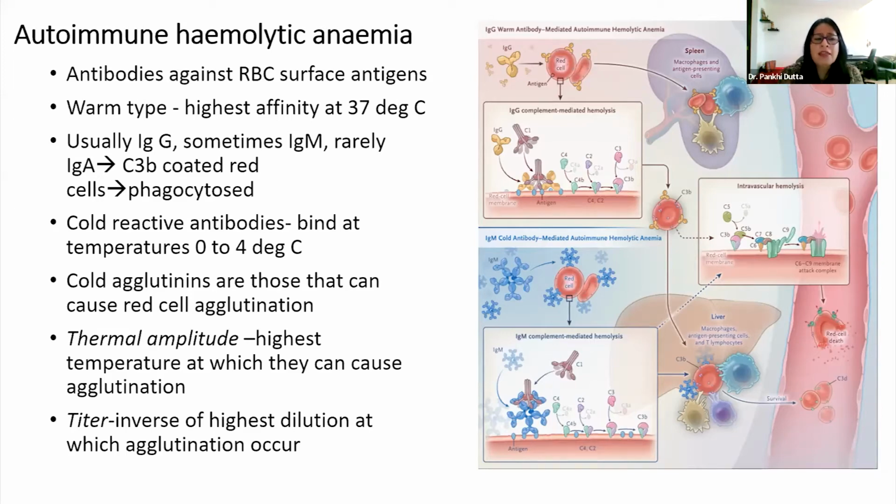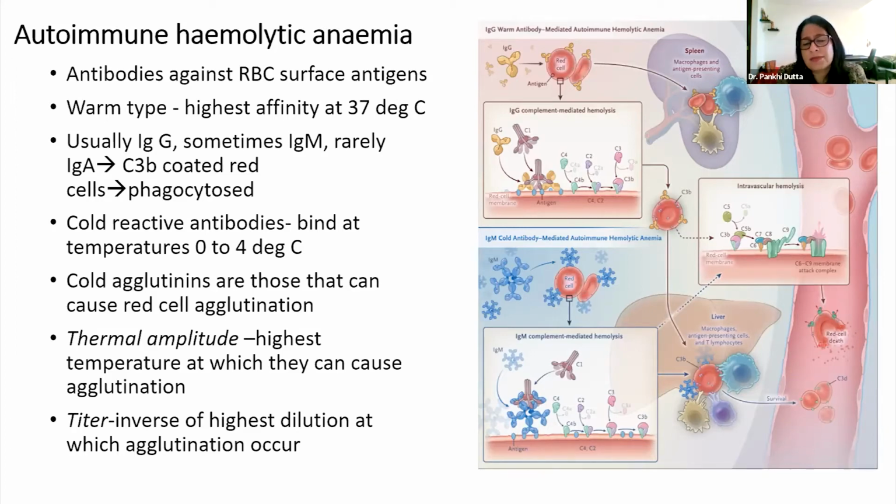So if they're cold, but they can bind even at 28, 30, 32, or 35 degrees, we will be worried because those temperatures are attainable in the periphery of the body, and they can cause agglutination and features like Raynaud's phenomenon, cyanosis, etc. Titer is the strength of the antibody, or if we dilute the serum, the highest dilution at which agglutination occurs at the thermal amplitude is the titer.